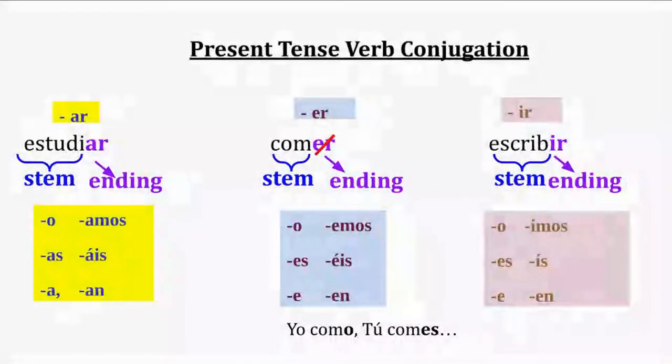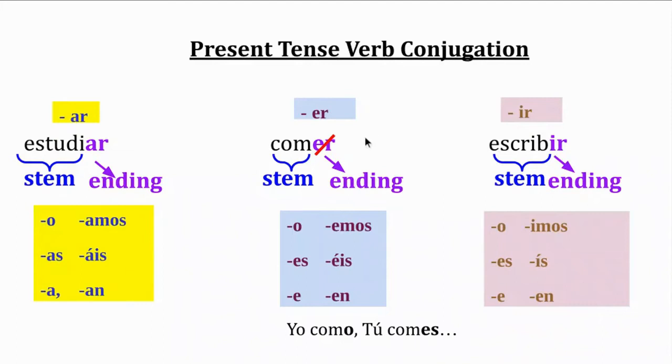Now, whether the verb is reflexive or not, the conjugation of verbs always consists of changing the ending of the verbs according to the subject. Here we can see the endings used when conjugating the verbs in the present tense. This is the set of endings for AR verbs, ER verbs, and IR verbs. What I need to do is to eliminate the ending from the infinitive form of the verb.